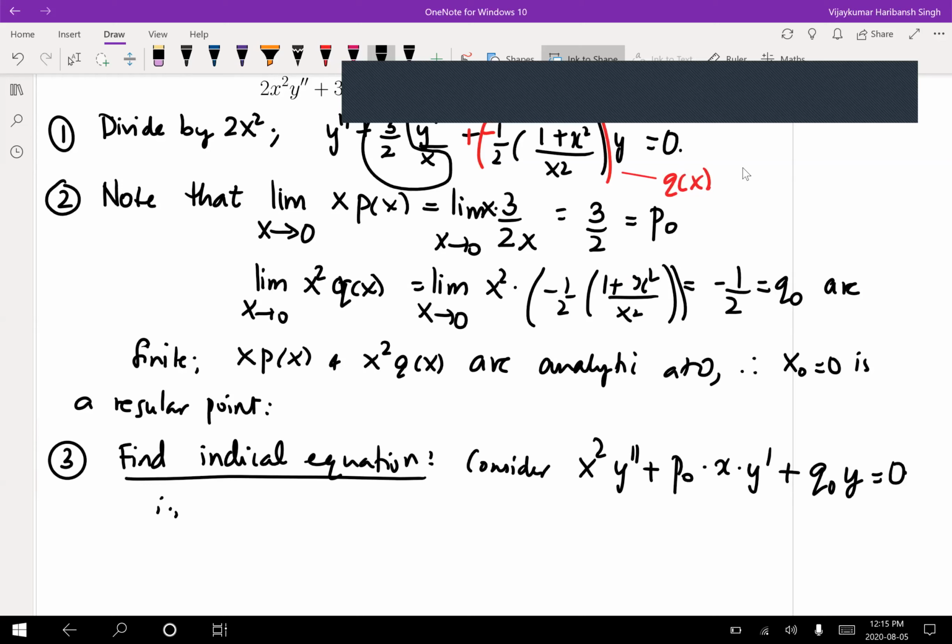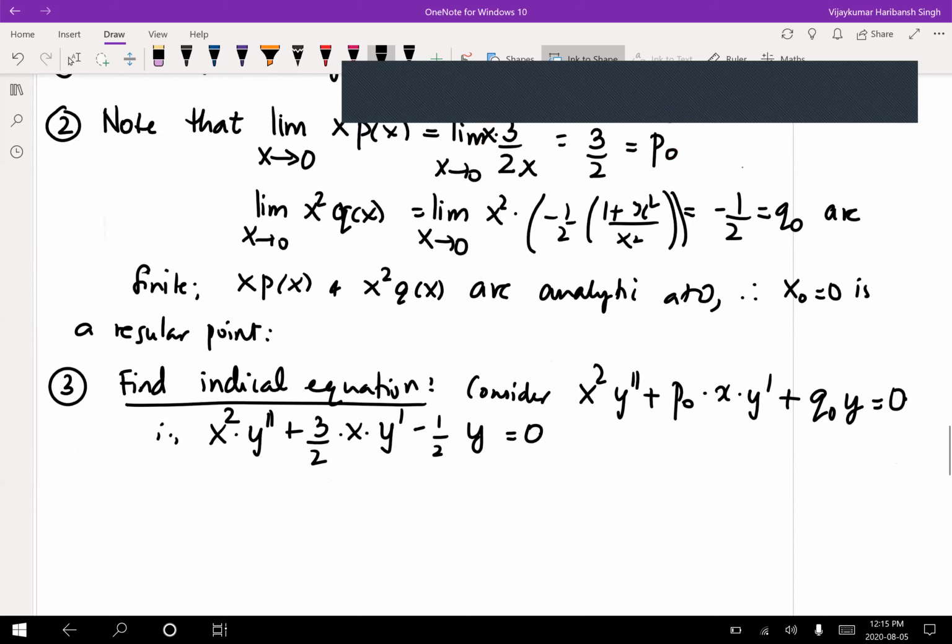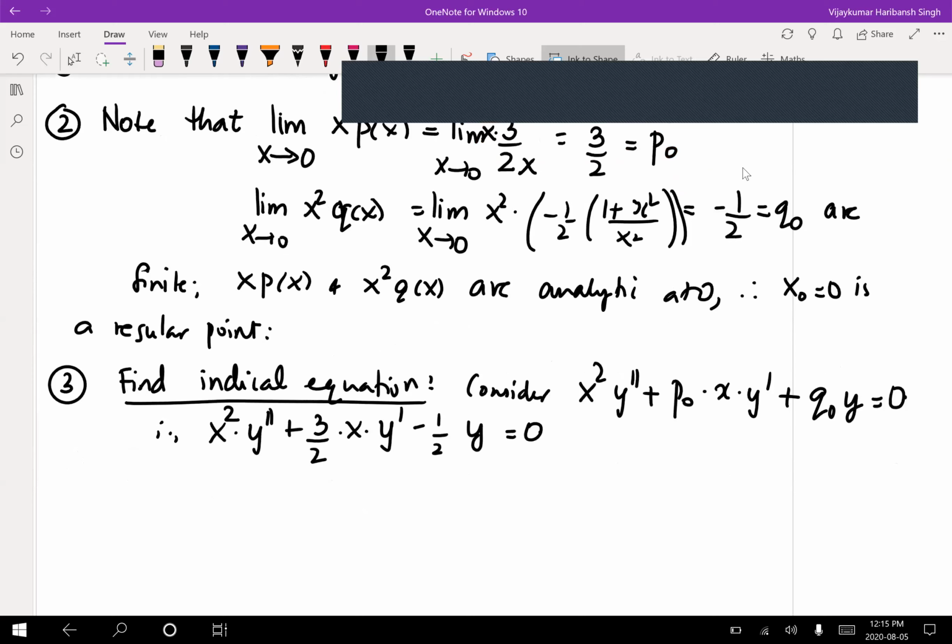That is, we get x squared y double prime plus 3/2 x y prime minus half y equals 0.